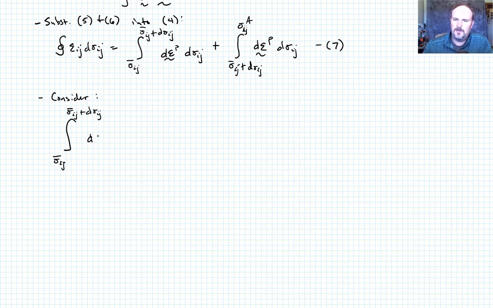And that's going to be equal to d epsilon ij p d sigma ij. Well, we don't know everything that's there, but the delta in sigma is just d sigma ij. And so we can apply the mean value theorem from calculus here and write that this must be the average plastic strain during this stress increment d sigma ij times d sigma ij, which is of the order of d epsilon ij p d sigma ij.